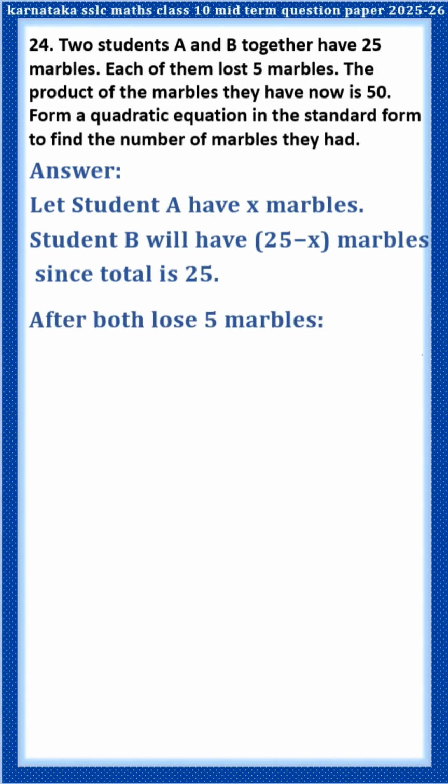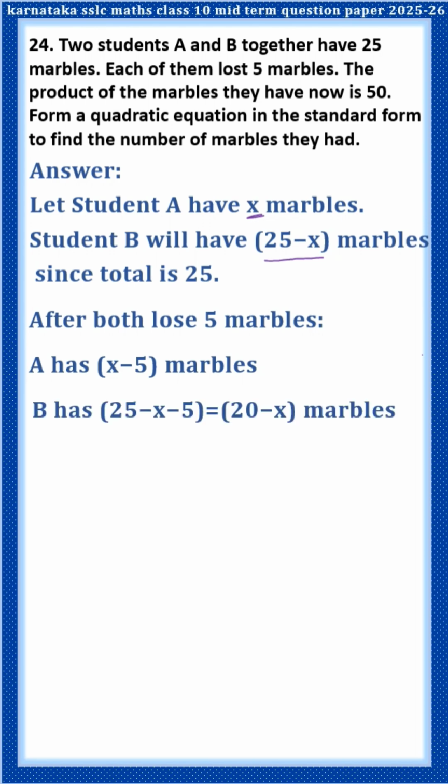After both lost 5 marbles, what happens? A has X minus 5 marbles. Here B has 25 minus X minus 5, that is 20 minus X marbles. After they lost, the product of marbles is 50.